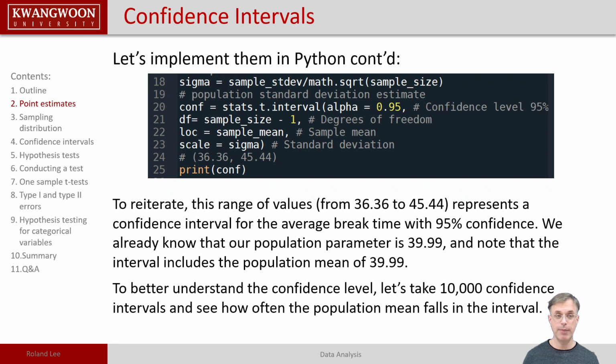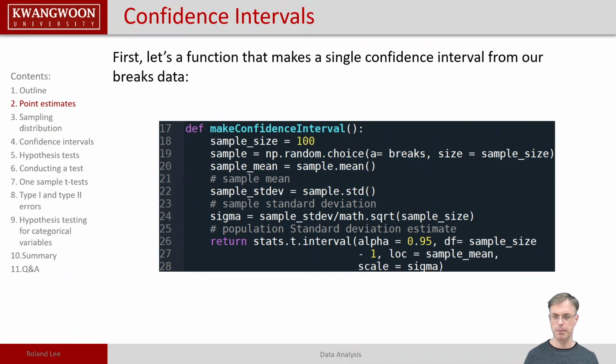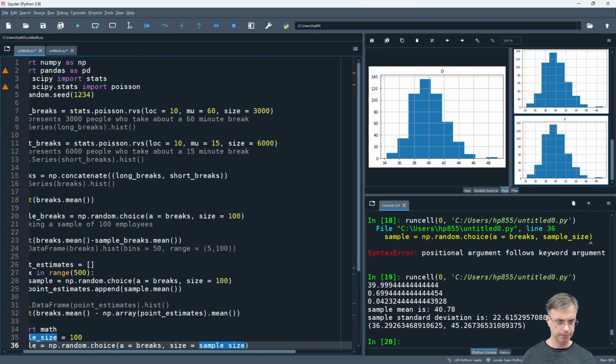First, let's make a function. So here we go. Let's make a function that makes a single confidence interval from our breaks data. That is it.